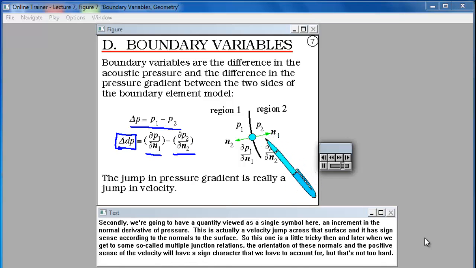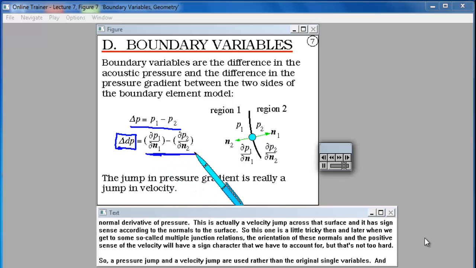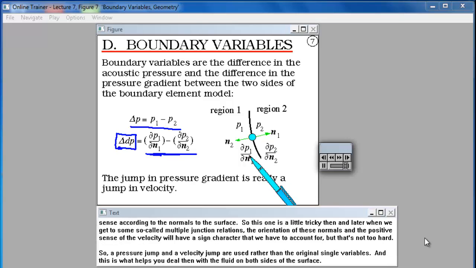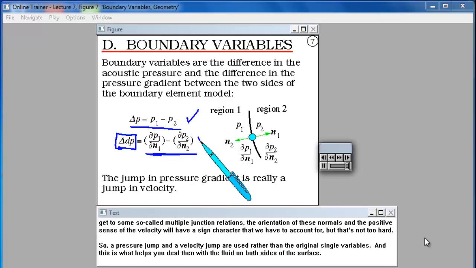So this one is a little tricky then, and later when we get to some so-called multiple junction relations, the orientation of these normals and the positive sense of the velocity will have a sign character that we have to account for, but that's not too hard. So a pressure jump and a velocity jump are used rather than the original single variables. And this is what helps you deal then with the fluid on both sides of the surface.